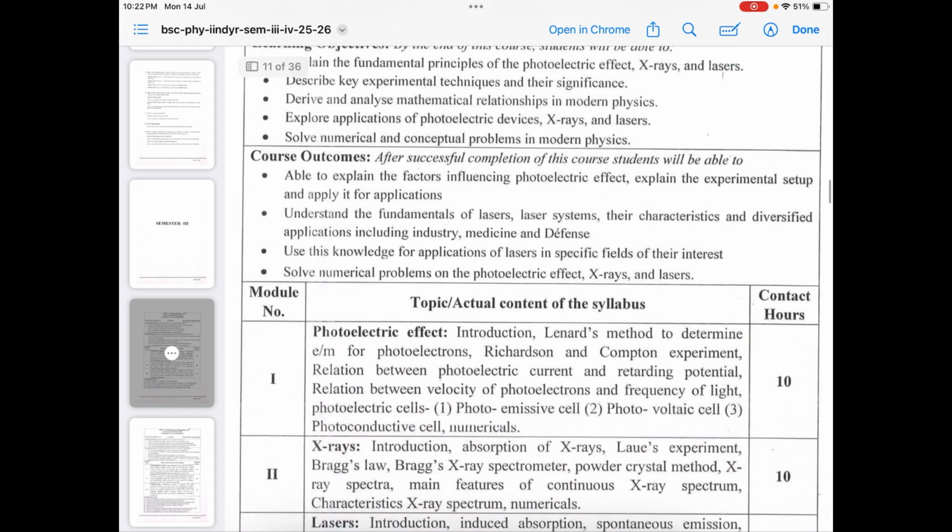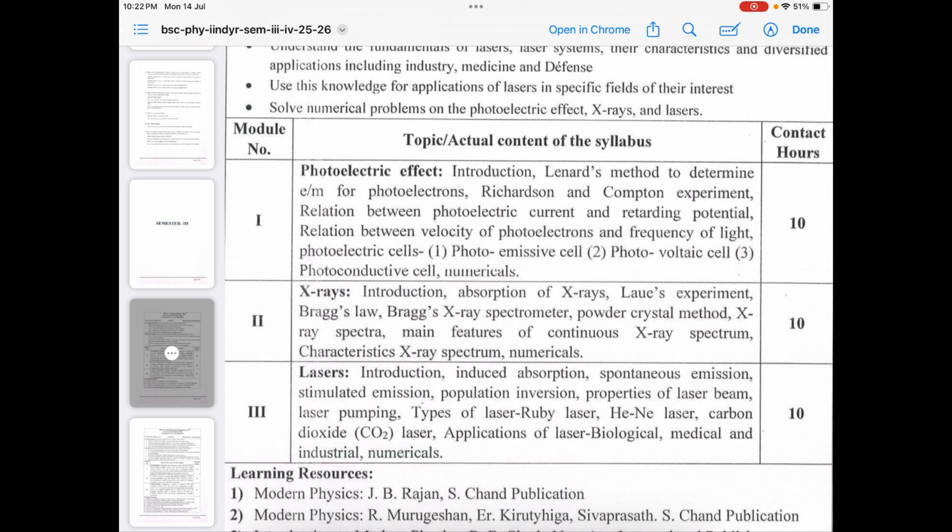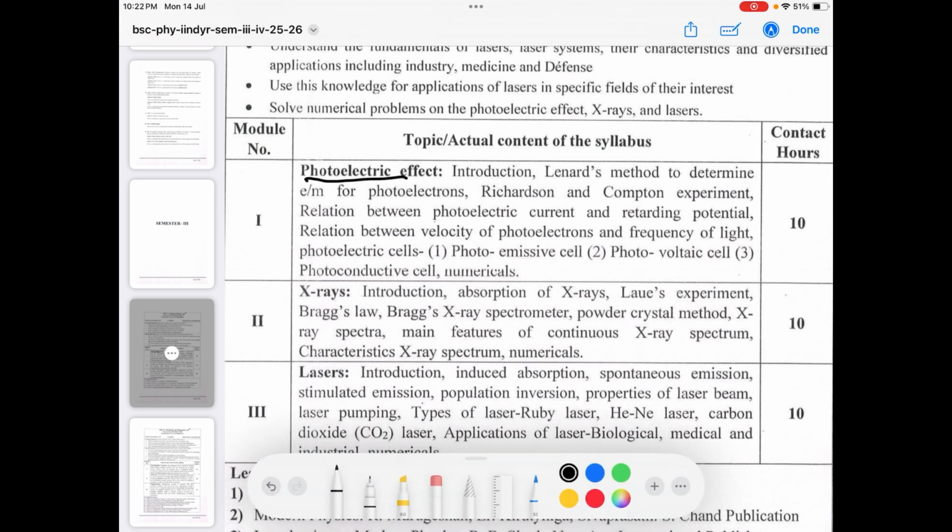In the first module of this Modern Physics paper, there are three units, and the first unit is the photoelectric effect. In this lecture we will see what is meant by the photoelectric effect, that is the introduction of this unit.